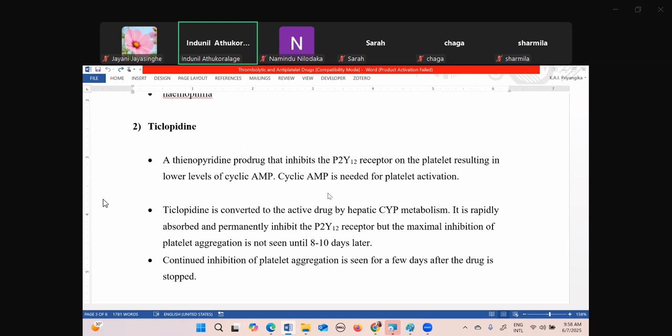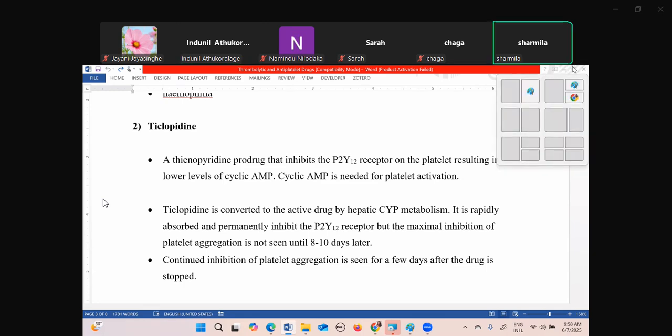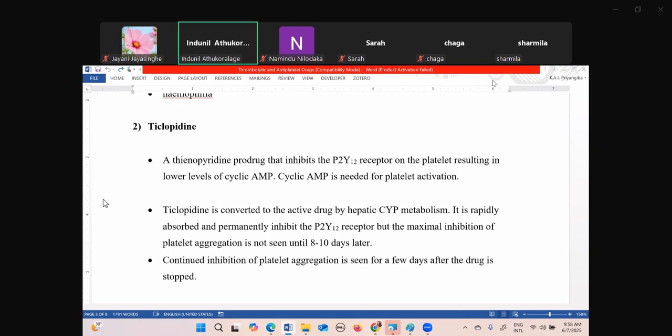So, what is the mechanism? Irreversible action. Irreversible inhibition of what? Inhibit P2Y12 receptor.